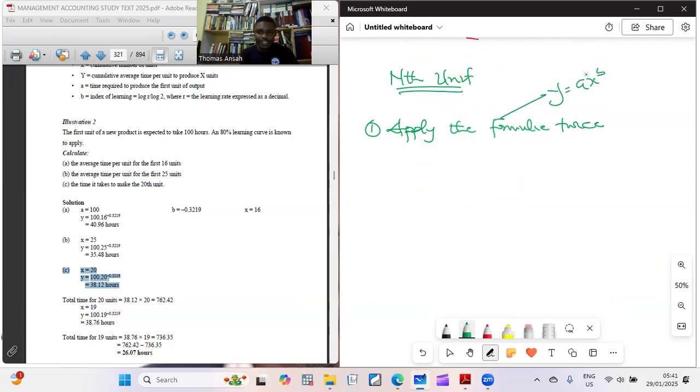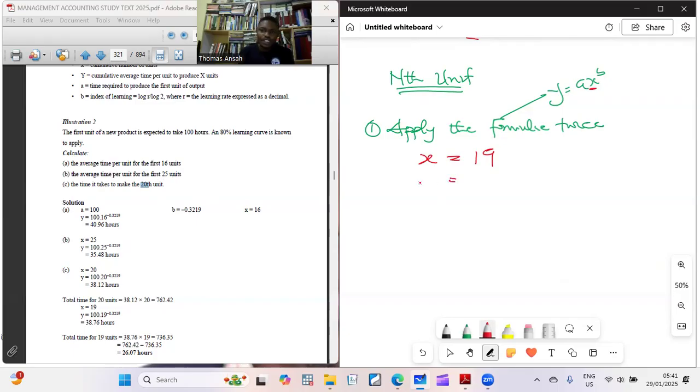So here your x is the number before and the number after. The number before is the 19th unit, and the number after 19 will be 20.